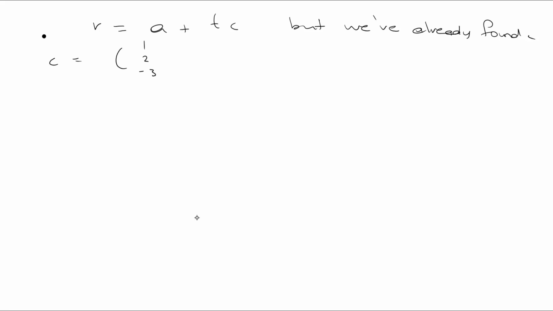Now, we know that R is going to be something like this, but we've already found C. So C was what we had before, 1, 2, -3. So now we can say that R is equal to 0, -5, 10 plus something T times C like that.